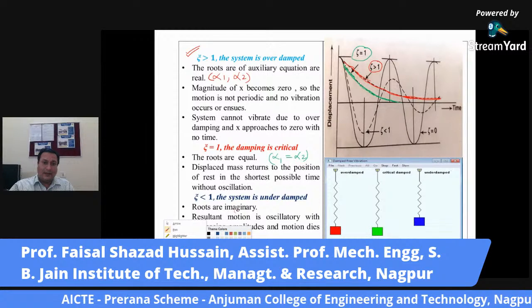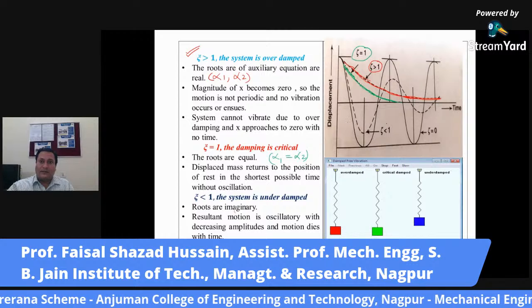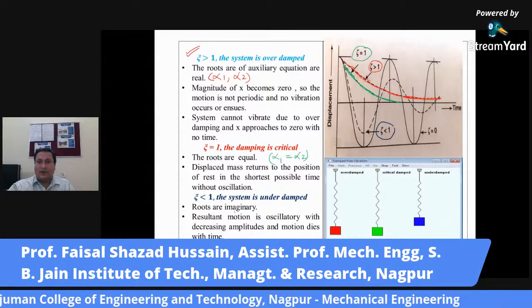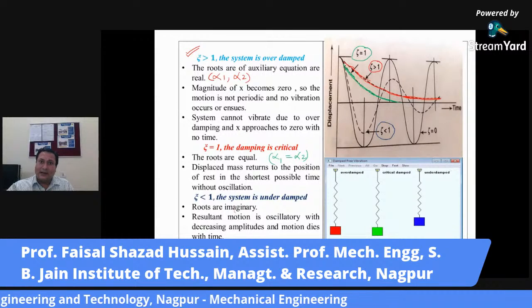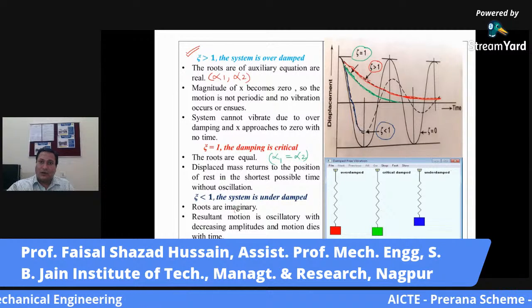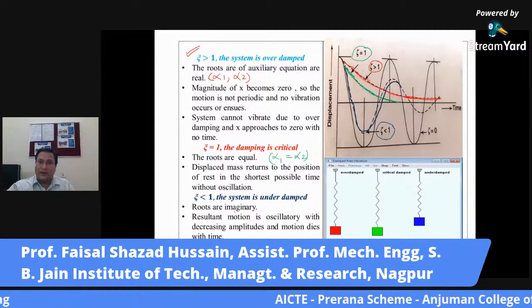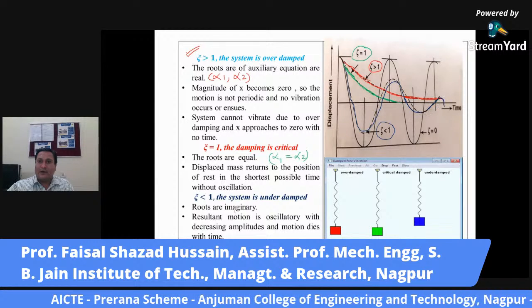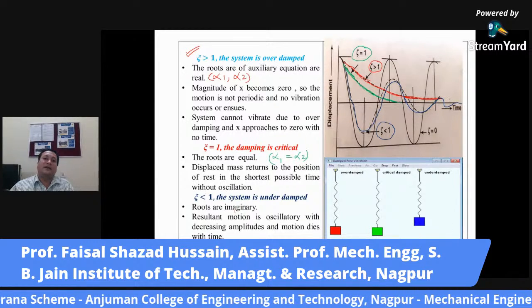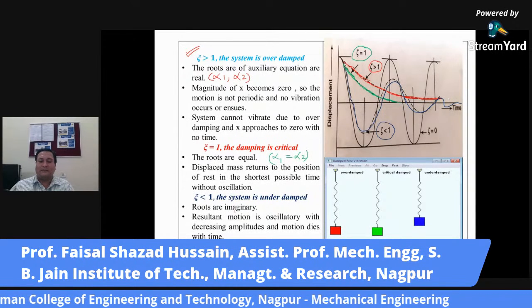Here you can see in third category, when zeta, the damping factor, is less than 1, the resultant motion is such that slowly the displacement is reducing, and at one time it will come to rest following SHM path.